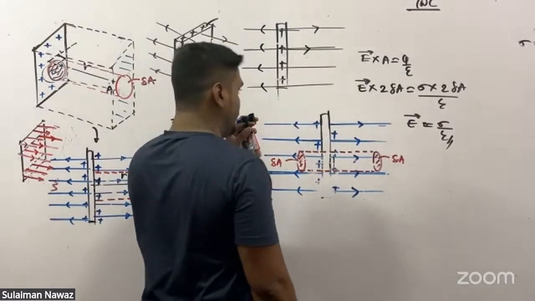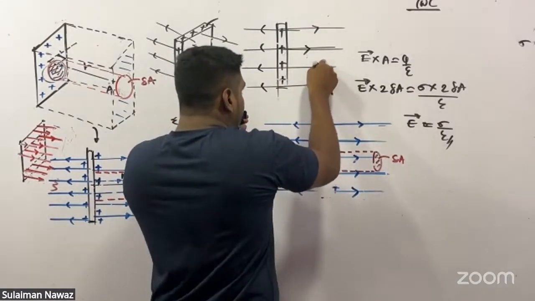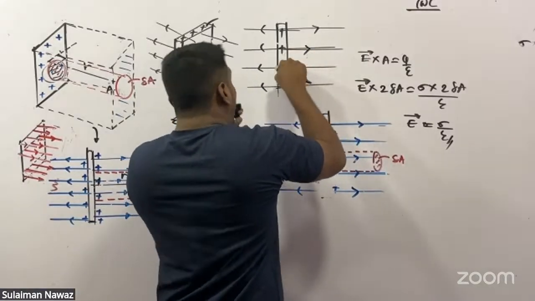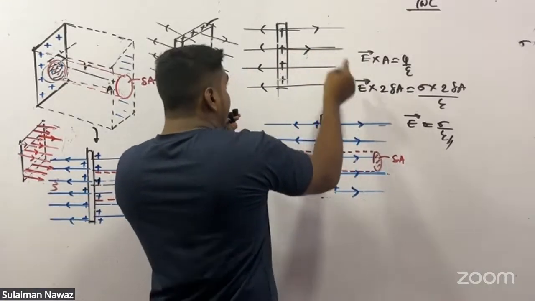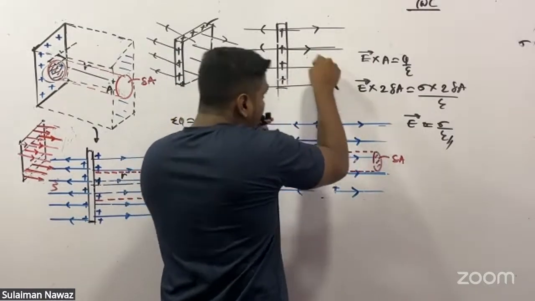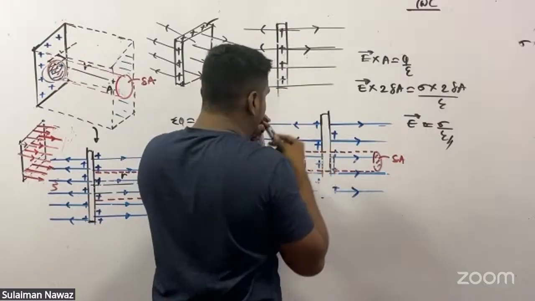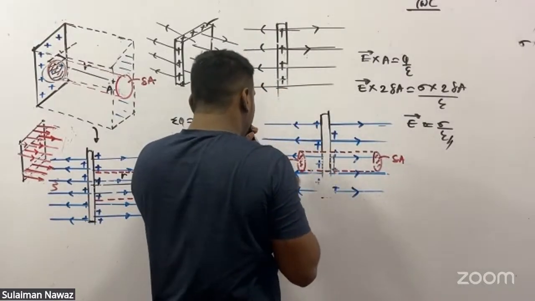Again, take your Gaussian surface. You want to find the intensity at a point at a simple distance r from the plate, perpendicular to the plate.